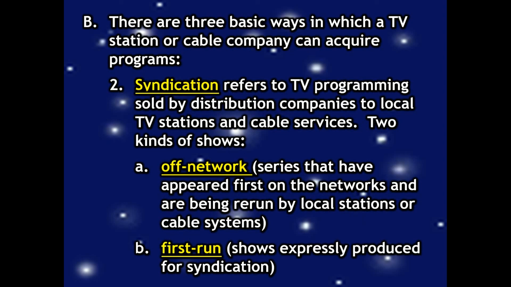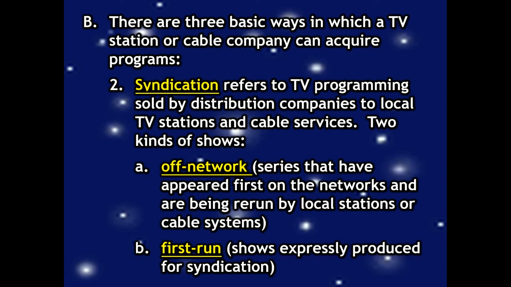Syndication refers to TV programming sold by distribution companies to local TV stations and cable services. And within syndication, you have basically two different branches. There's two different ways that shows can make themselves available in syndication. First is off-network programming.